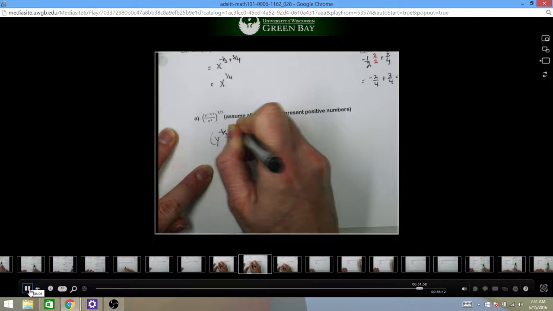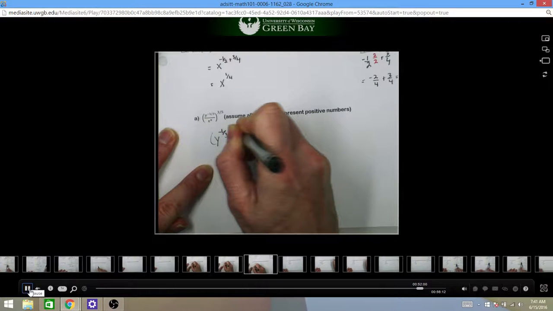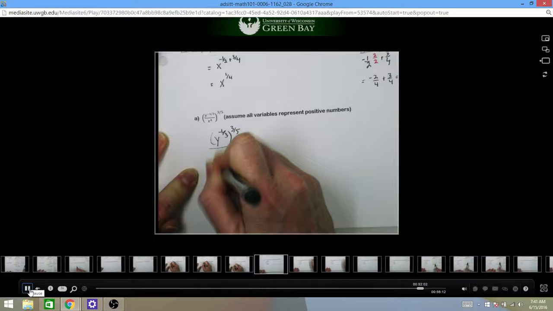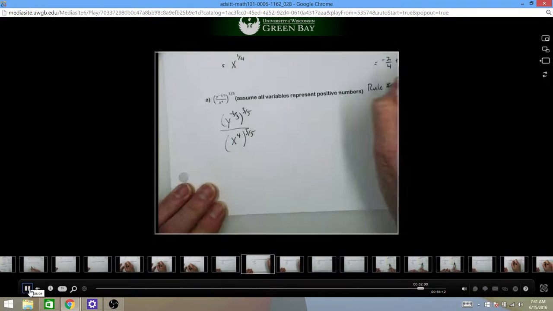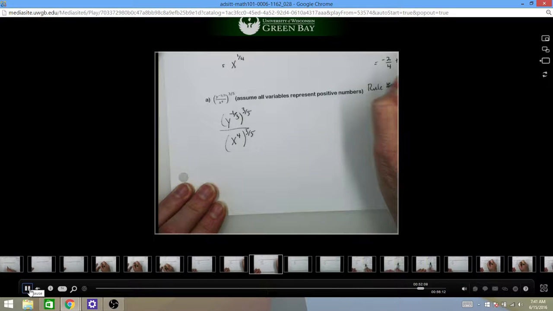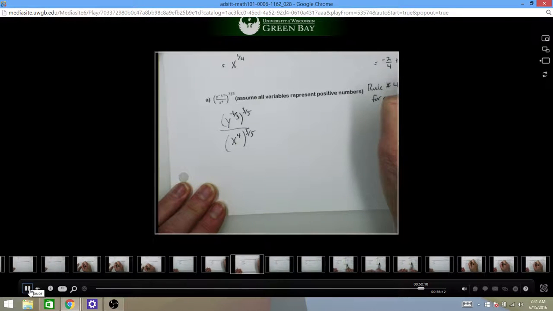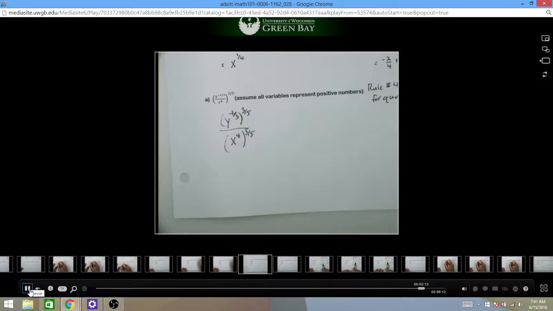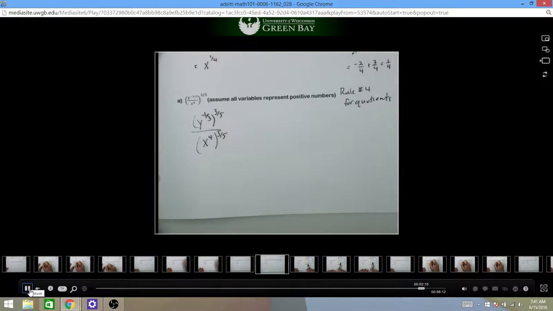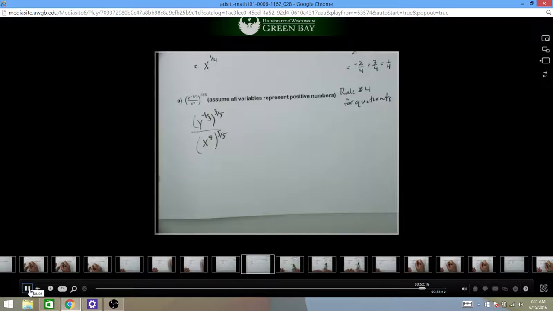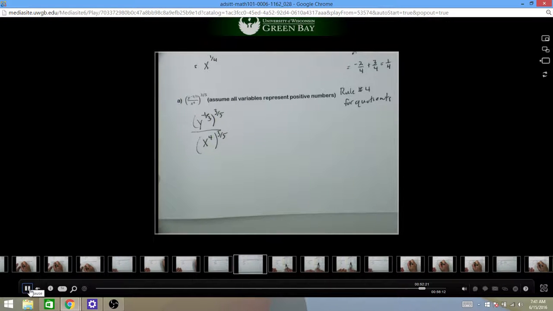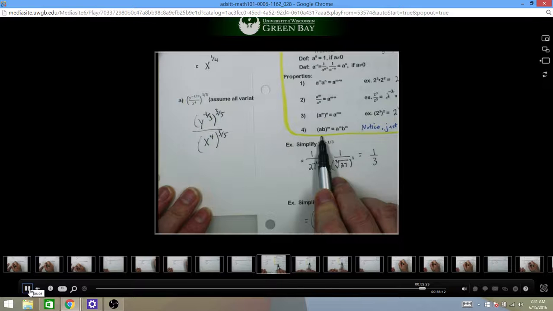You have x to the 4th raised to the 3/5. So rule number 4 for quotients says that the outside exponent applies to each term in there. So it applies to the a and the b.